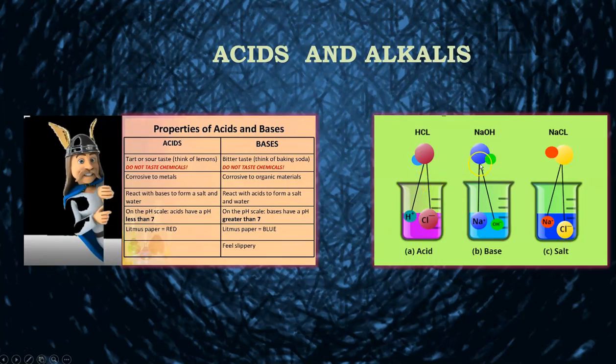In the diagram, you can see we have taken HCl, NaOH and NaCl, where HCl is an acid, NaOH is a base, and NaCl is a salt. Now we have dropped all these three in a beaker with water. If we make a solution out of it, we will see all the substances dissociated into their ionic form.